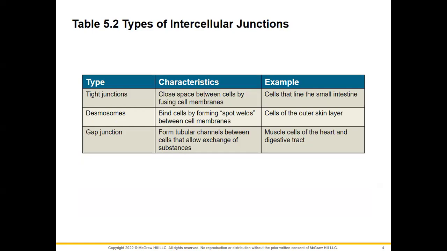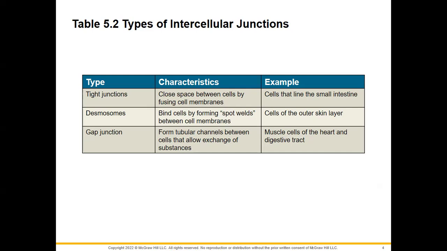Intercellular junctions. So intercellular junctions are how these cells are connected to one another. You have three different types of intercellular junctions. You have tight junctions, desmosomes, and gap junctions. So just looking at the names of, say, tight junctions and gap junctions, a junction is a place where two things come together.